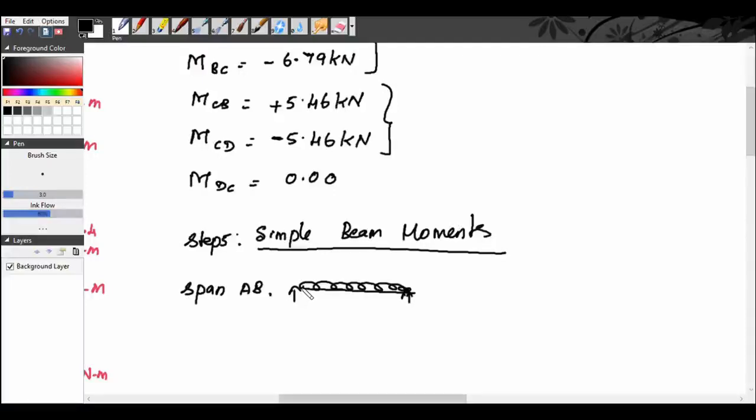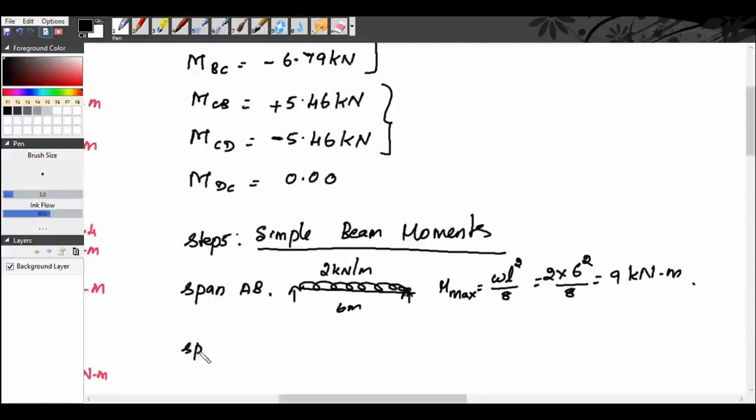Since it is a UDL, the maximum bending moment will lie at the midspan, and it is a parabola, and M max will be equal to WL square by 8, that is 2 into 6 square divided by 8. We get 9 kilonewton meter.